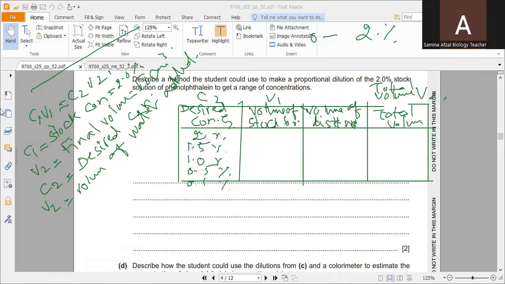I have calculated. So it is 50 and 0, and the total volume will be equal to 50.